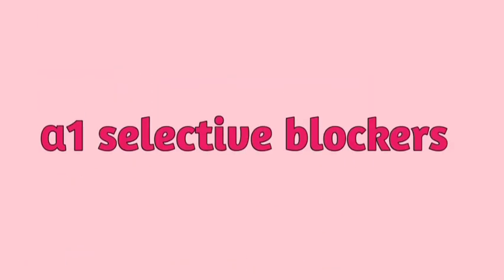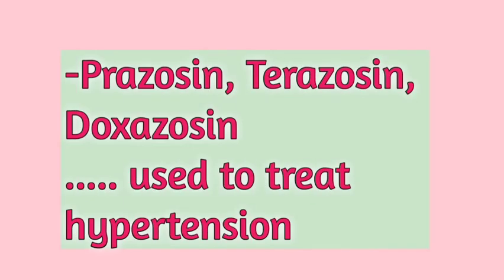Alpha 1 selective blockers. Prazosin, terazosin and doxazosin are alpha 1 selective blockers, so vasodilation occurs with the use of these agents leading to decreased total peripheral vascular resistance. So these agents are used to treat hypertension.